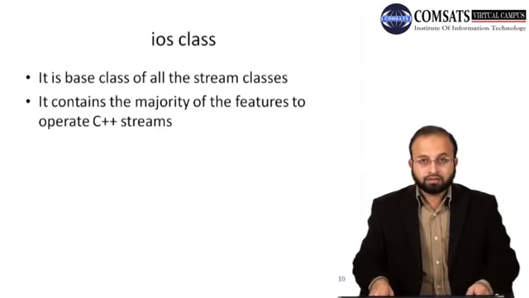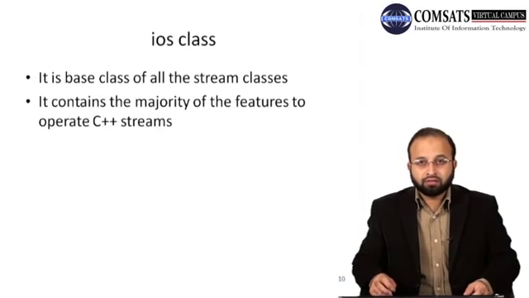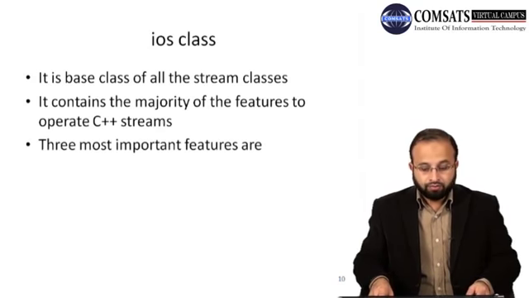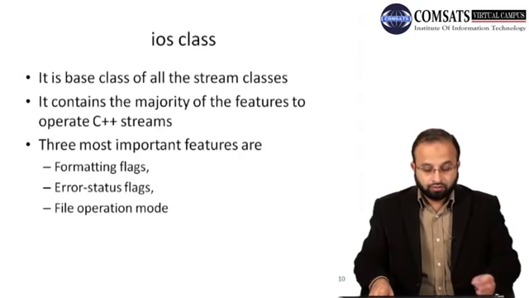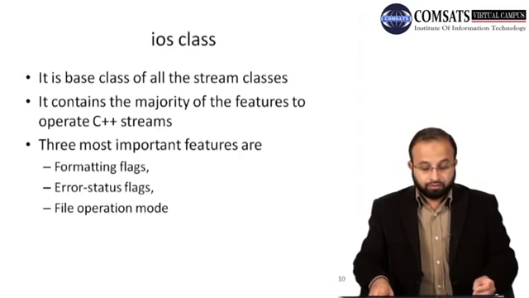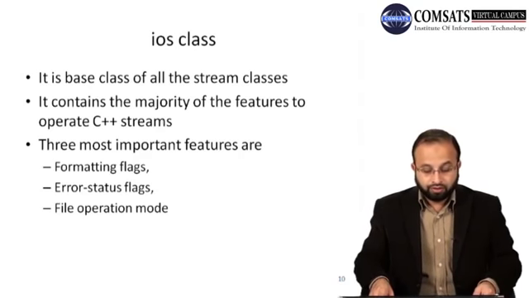So the ios class contains most of the features of all the streams in C++, whether it is the basic IO streams or file IO streams. Most of the functionality is contained within the ios class, right? So the three most important features of the ios class are formatting flags, error status flags, and file operation modes. So let's go through all three important features one by one.